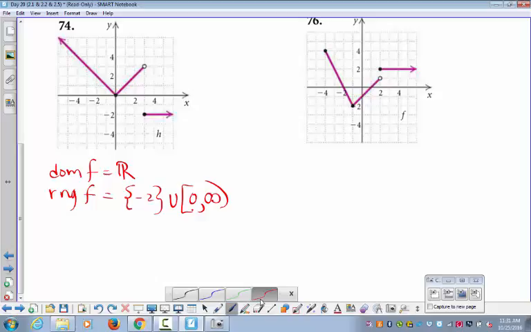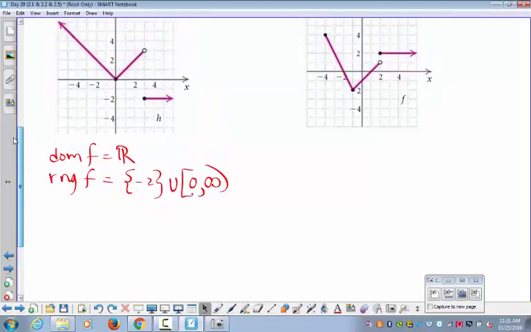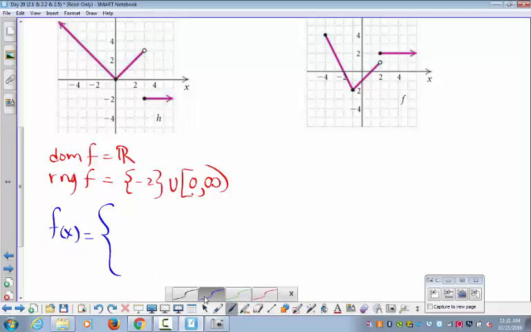Okay, now we have to come up with an equation for that thing. So f of x, how many pieces should we have? 3 pieces. So let's start with the left one. That's a line, and you can clearly see 2 points on it. And you notice that it's actually bisecting quadrant 2. So what is that line that bisects quadrant 2?